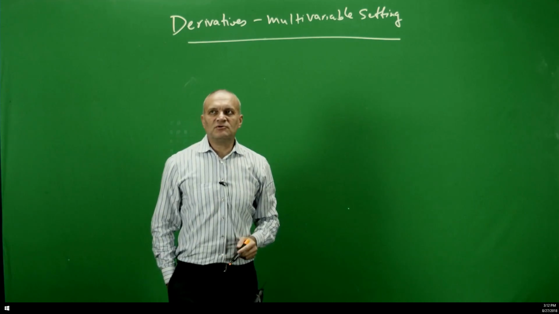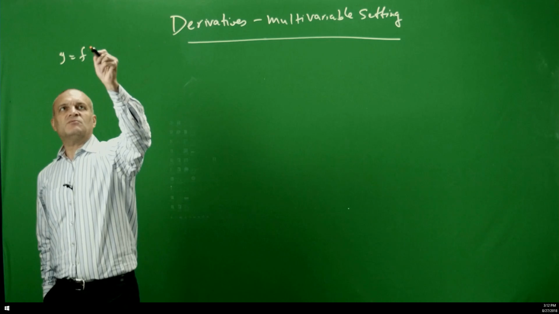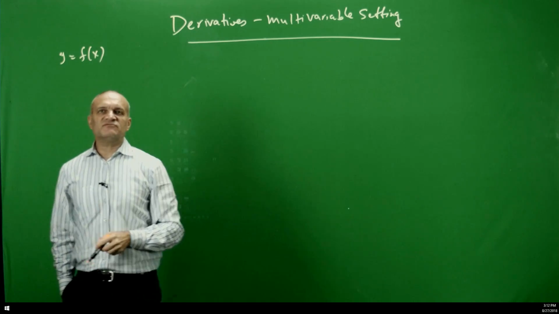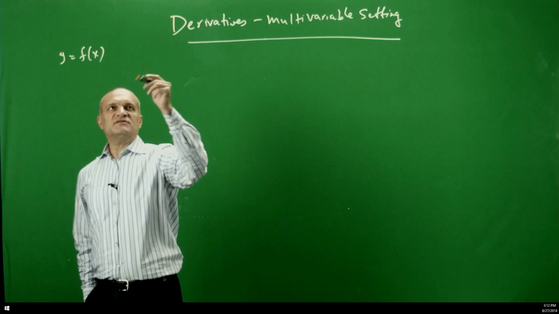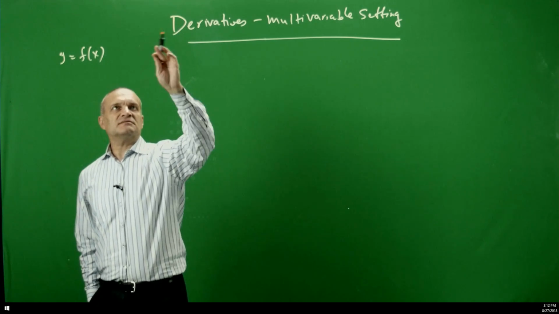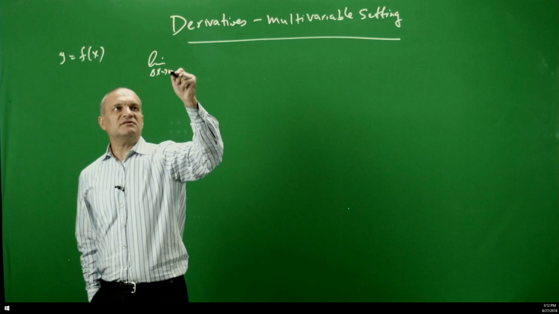So now, in the usual setup, you would consider a one-dimensional function, y equals f of x, and you take its derivative. I remind you of the definition of this derivative.